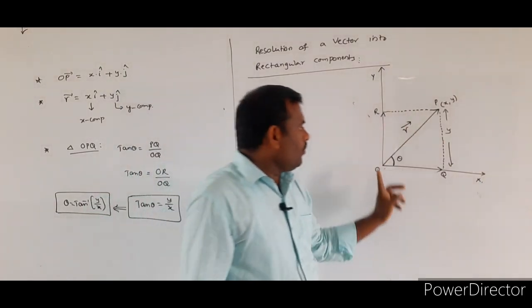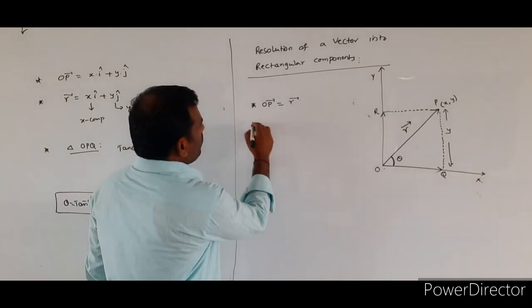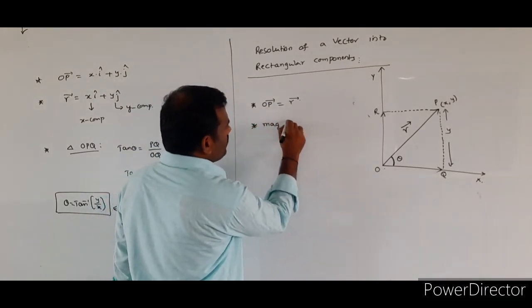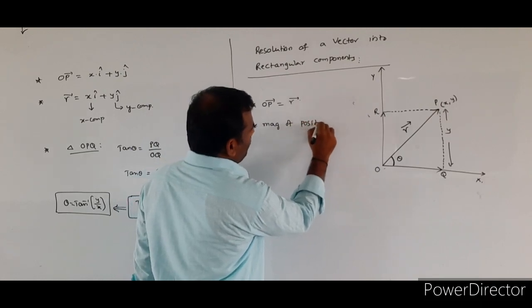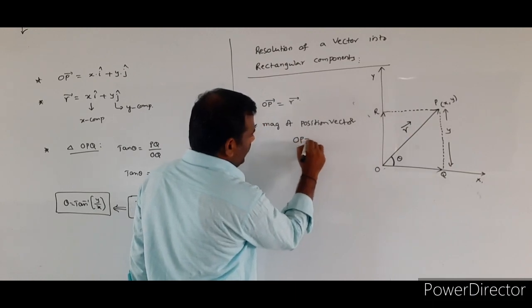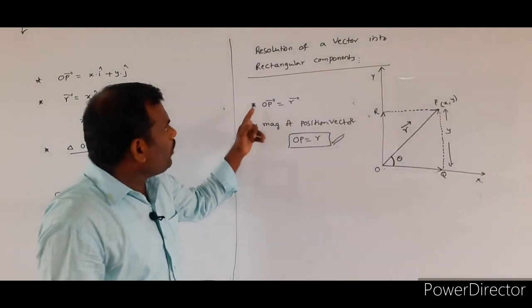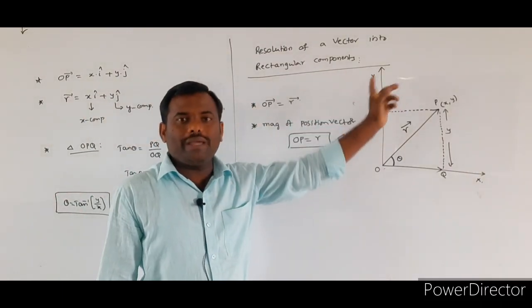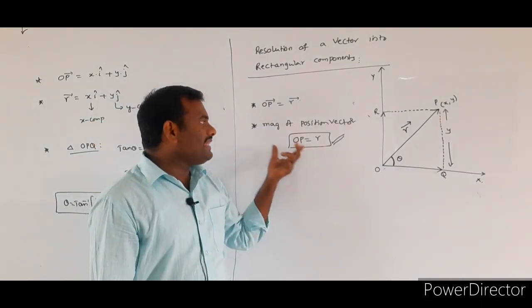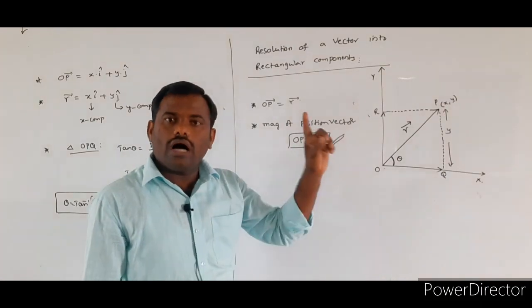If I want to calculate the magnitude of the position vector, that is OP, and that value is equal to r only. OP bar is a vector notation; the magnitude of the position vector is OP, equal to r only.